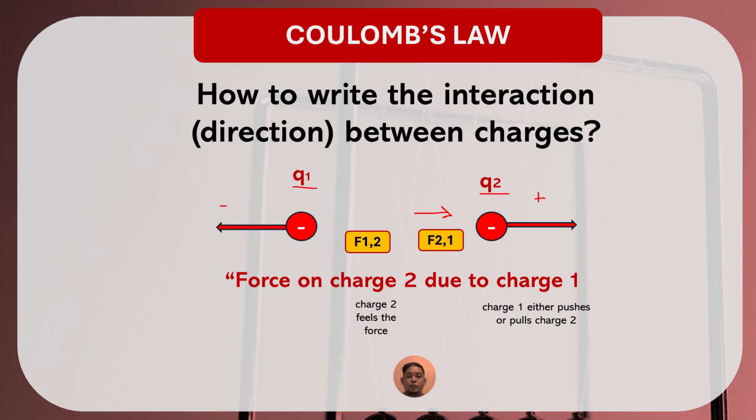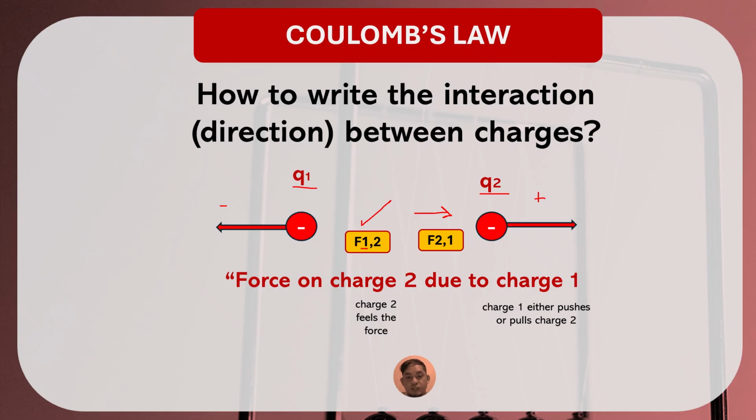Again, when you write this variable, the first charge you write will be the one to feel the force, and the second will be the one to do something like pushing or pulling, and that will determine the direction. I will explain it one more time. Let's say we have force 1 to 2, meaning force on 1 due to charge 2.